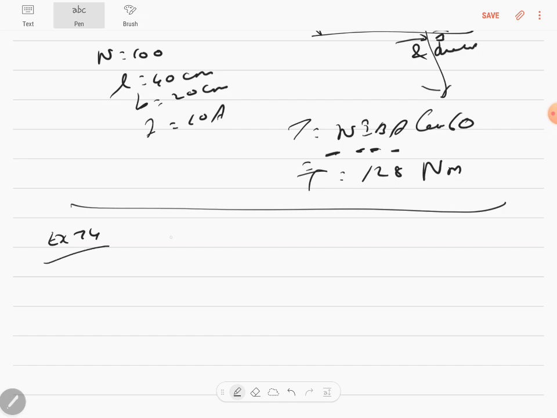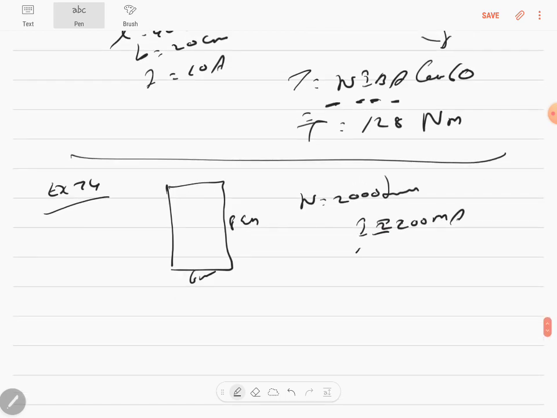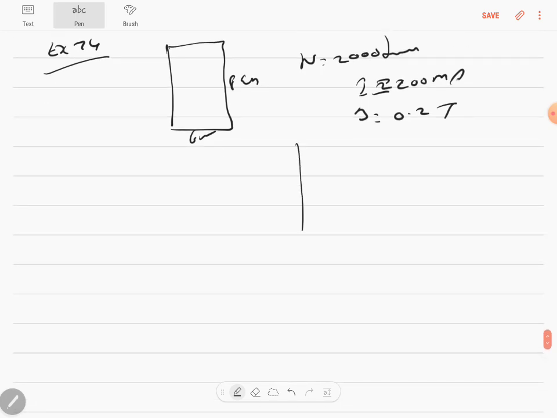A rectangular coil of side 8 centimeter and 6 centimeter, having 2000 turns and carrying a current of 200 milliamps, is placed in a uniform magnetic field B equal to 0.2 Tesla, directed along the positive x direction.